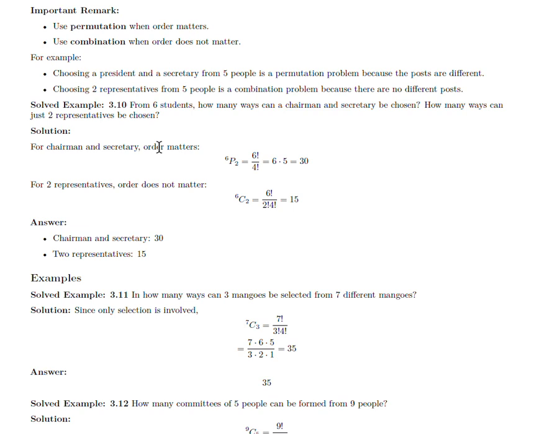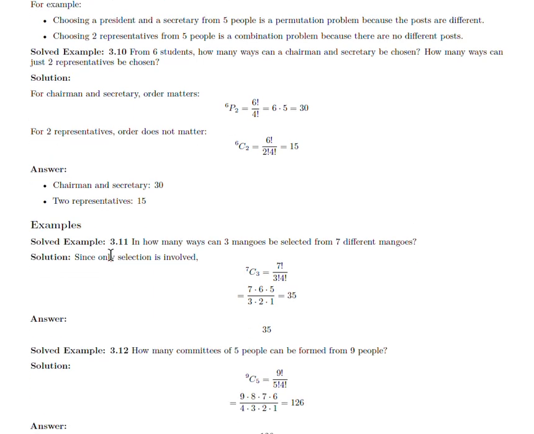That one is a permutation problem. But when you are selecting blindly, selecting from 6 students to fill up 2 positions, right? The order does not matter in this case because the positions are not defined, right? So you have that.